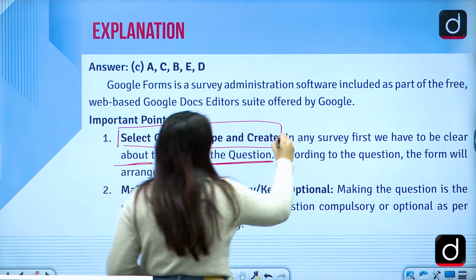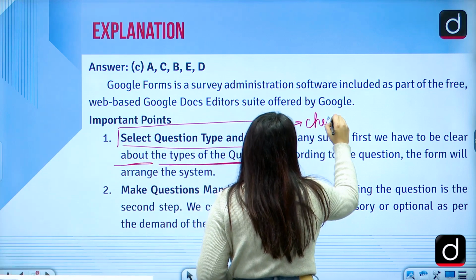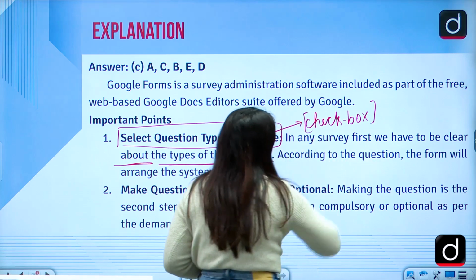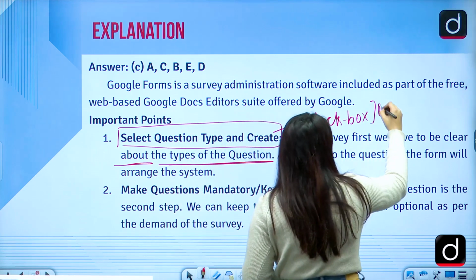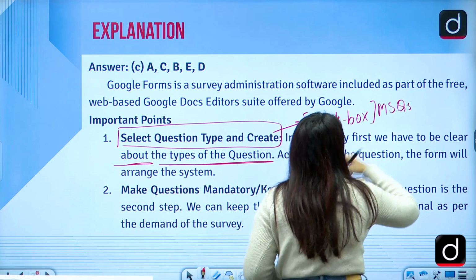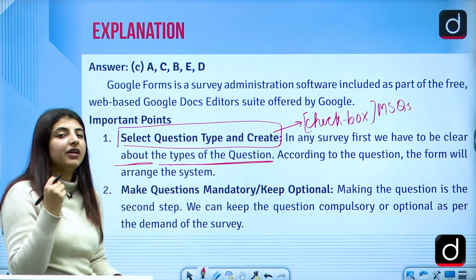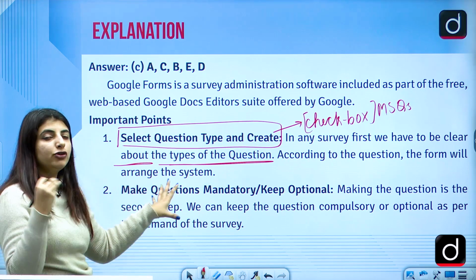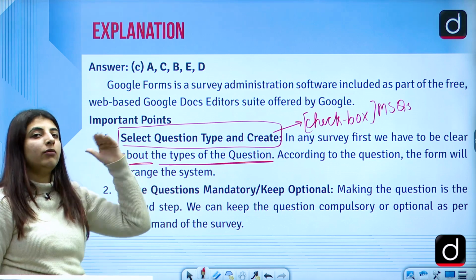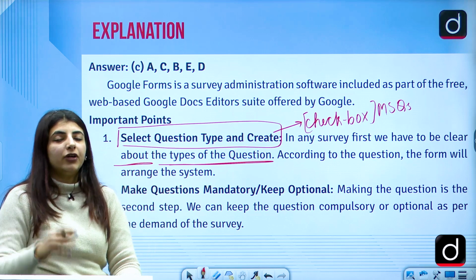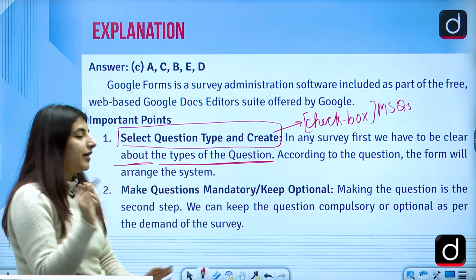Those can range from multiple choice using checkboxes, that is multiple selection for MSQs, or objective type questions, which is usually the MCQ, right? So you are supposed to choose if the person can choose more than one option, or if amongst the 4 or 5 options they can only choose one, right?